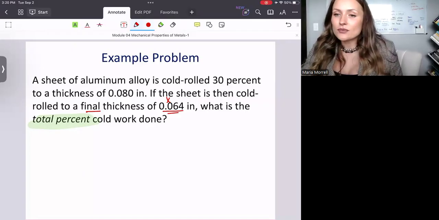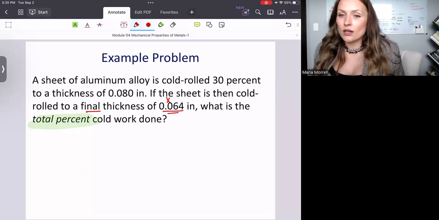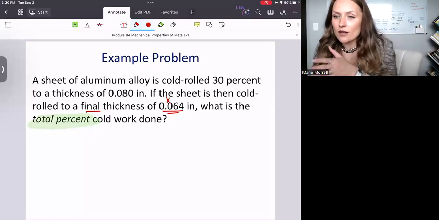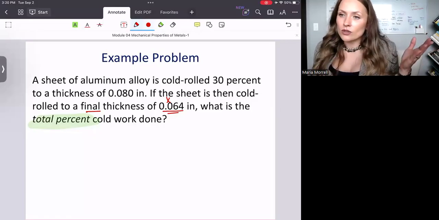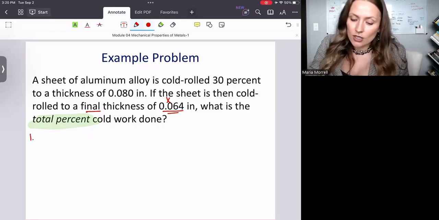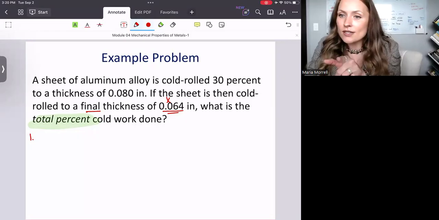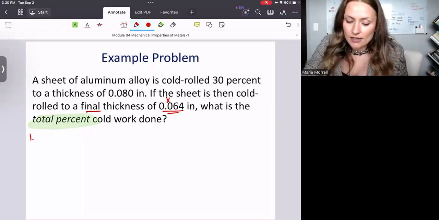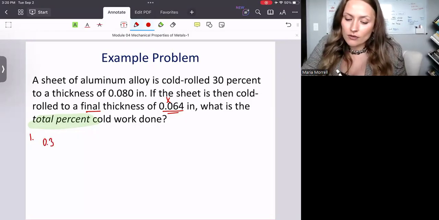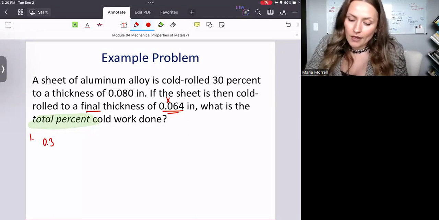For us to estimate the total percent work, we need to find out what the initial thickness was, because I know the final thickness, but I need to find out the initial. How would I find the initial thickness? I can use the knowledge about the first step. It says that we've applied 30% cold work to a thickness.